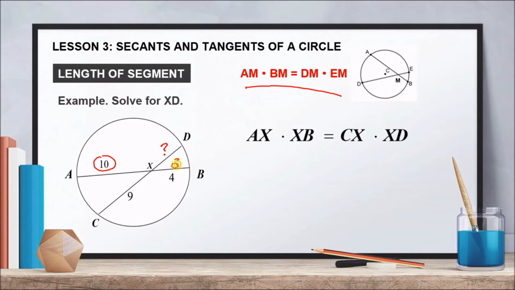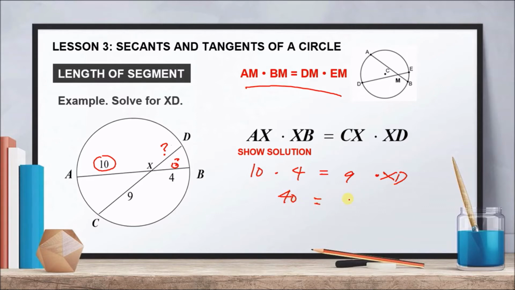It is given as 4. So 10 times 4, lalagay natin dyan. And AX is 10. Our XB is given as 4. Our CX will be multiplied to the XD, but the XD is unknown, so bring down natin. Our CX is given to be 9. So you could have 10 times 4, which is 40.